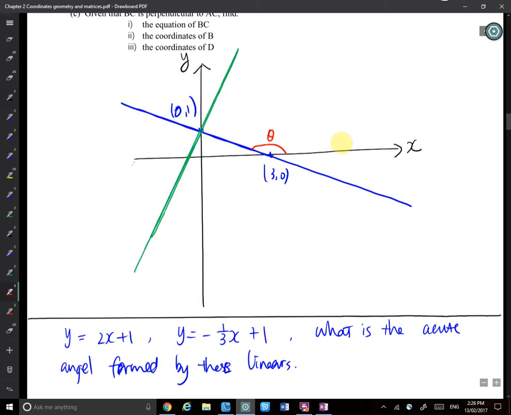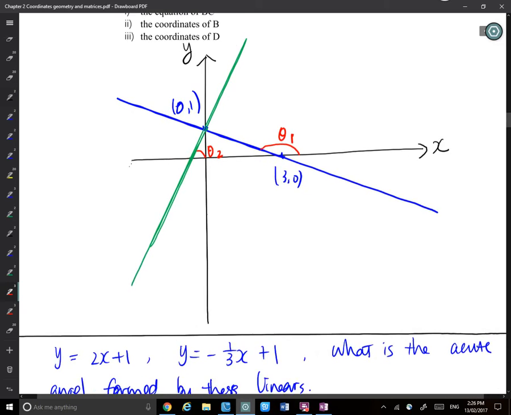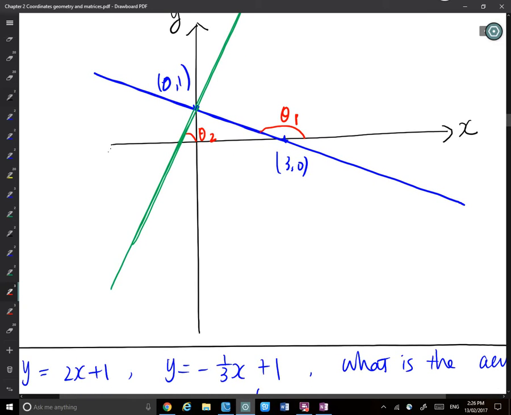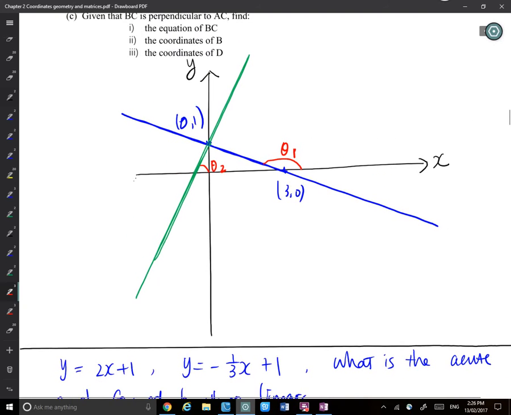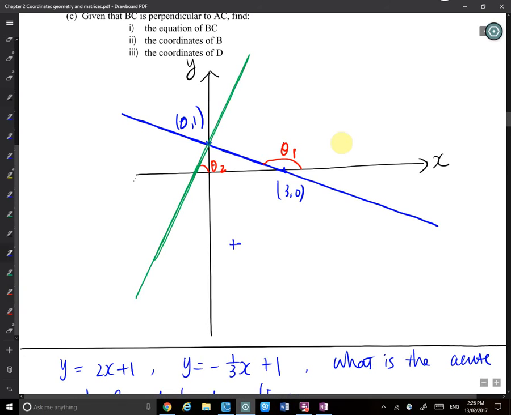Let's say we have theta 1 here, and we have theta 2 here. Okay, why do I label theta 1 and theta 2? Because I know the gradient of each, so I should be able to work out what those values are. And tangent theta 1 equals negative a third, right? Tangent theta 2 equals 2.